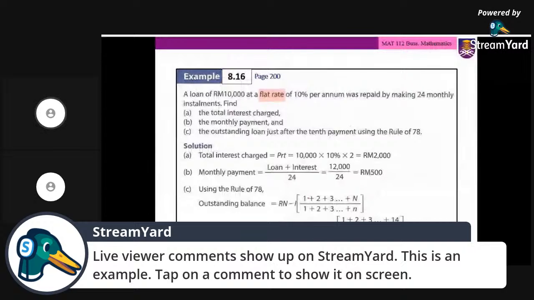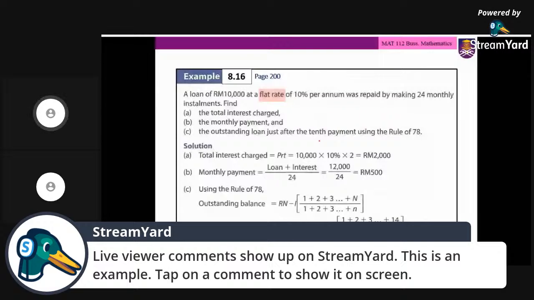Suppose there are 24 payments, but after the 10th payment he wants to know the outstanding loan. So 24 minus 10 is 14. Here you have to do 1 plus 2 plus 3 plus 4 up to 14. That's a bit tedious, so I prefer to use this one.